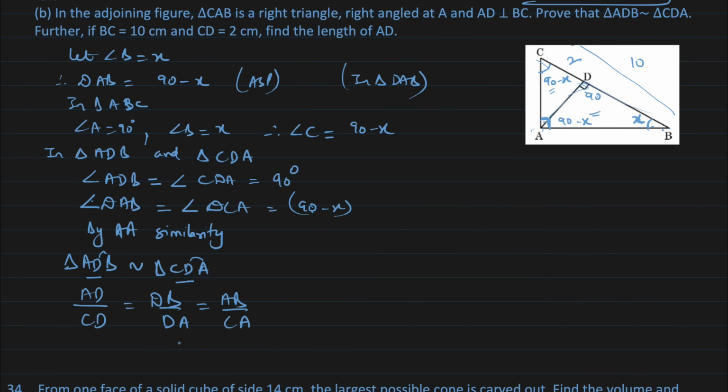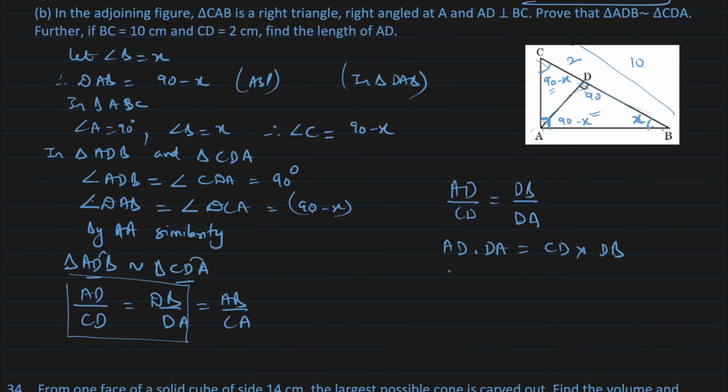What do I have to calculate? AD I have to calculate, right? So I'll use this part. AD by CD equals DB by DA. So AD into DA is CD into DB.